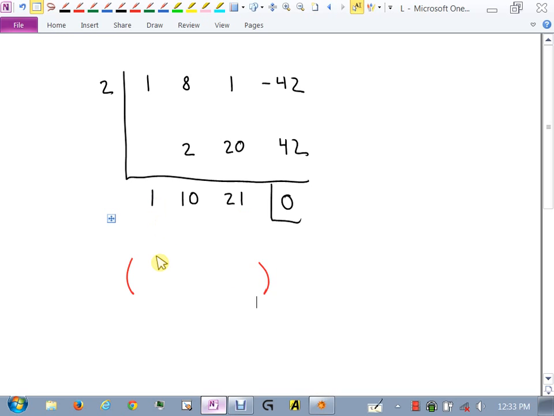What did we start with? It was cubed, right? X cubed. So this is going to be x squared. Then what? Plus 10x, then plus 21. Now here's the critical point. What does this piece tell us we have as a factor out here? X minus 2.